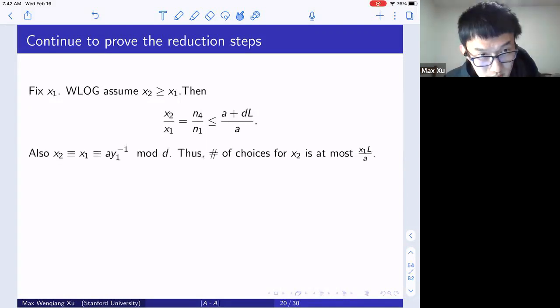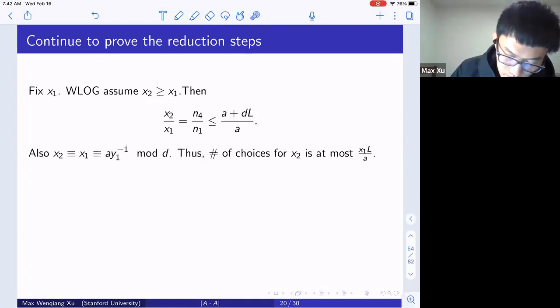But we should also remember that it's an arithmetic progression with common difference D. So all the Ni are congruent to each other mod D, and this implies X1 and X2 are congruent to each other.